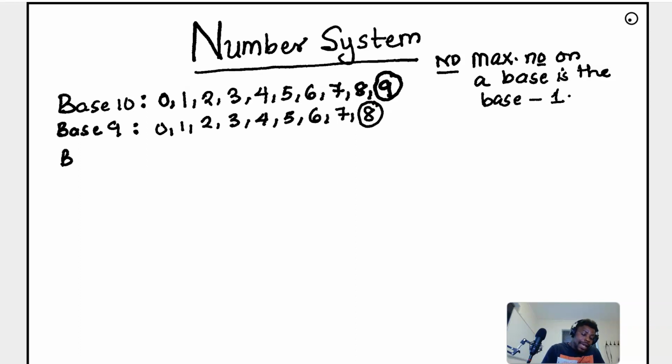Let's do for base 8. What is the maximum number you can get on base 8? Tell me. Correct, 7. How? 8 minus 1 is 7. So the maximum number you can get on base 8 is 7. So what are the ranges of numbers? 0, 1, 2, 3, 4, 5, 6, 7.